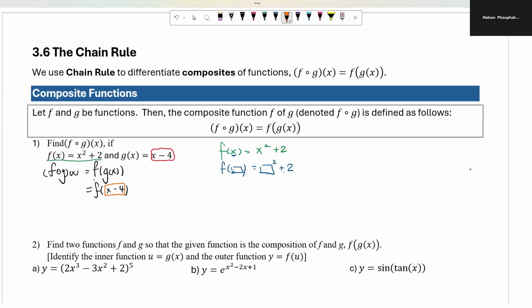The input is x minus 4. Then we just replace x with x minus 4. So the answer will be x minus 4, squared, plus 2. This is the composite function.